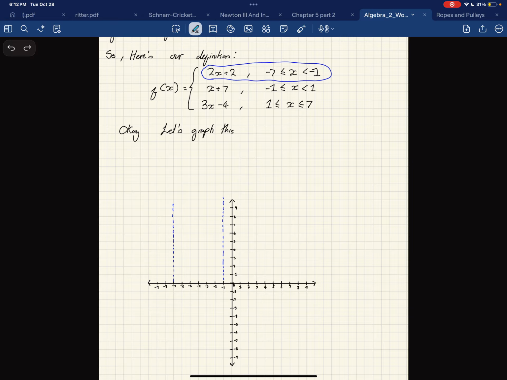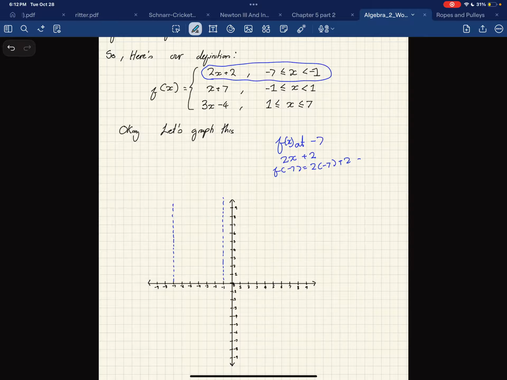All right? So first, f of x, that's the same thing as a y value, f of x at -7, so I have 2x plus 2, and f of -7 is going to be 2 times -7 plus 2.